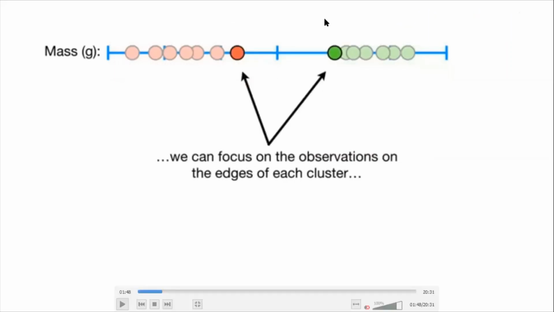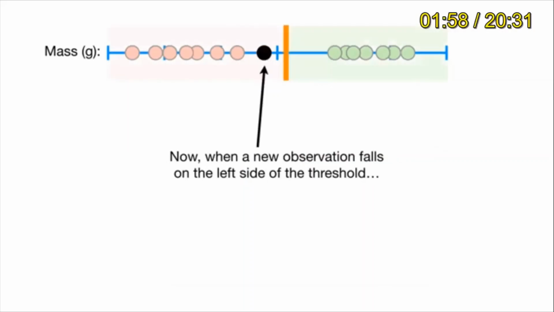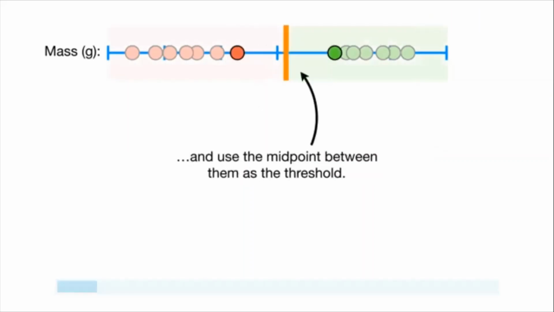So what we do is focus on the edge of the clusters. We take the extreme points of both clusters, which are very close to each other but differently classified. These are the two points. We take the average of them, get the midpoint, and use that as the threshold. That sounds more sensible: you're taking the endpoints and making a threshold line in between.